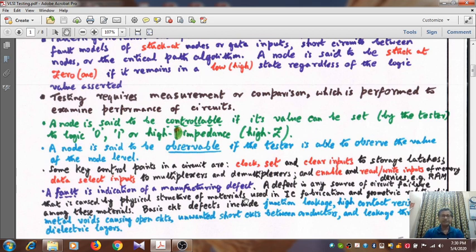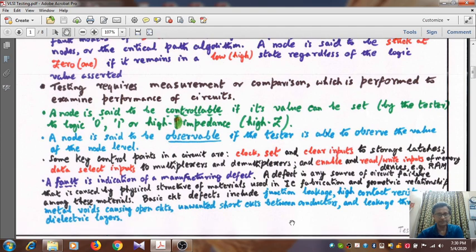So that means you do not want a device to have such defects, but somehow they can find place. A fault is an indication or a manifestation of a manufacturing defect.